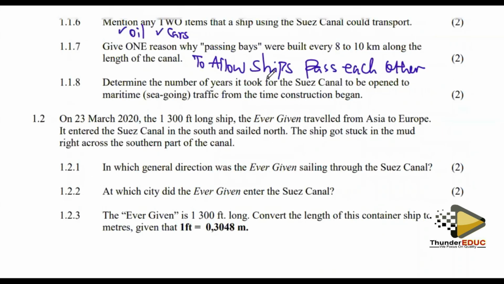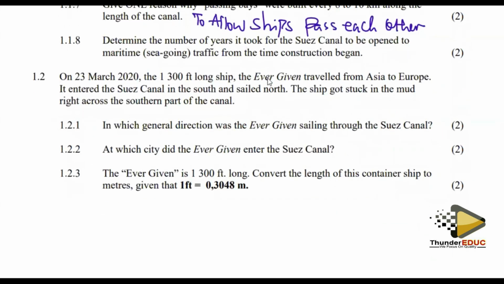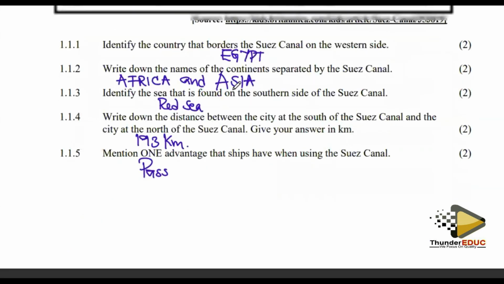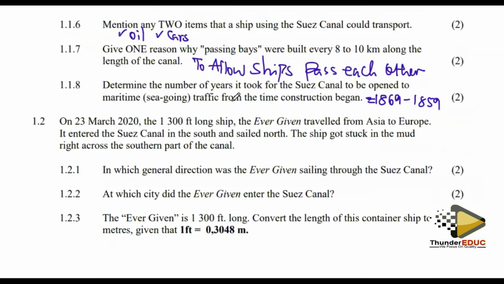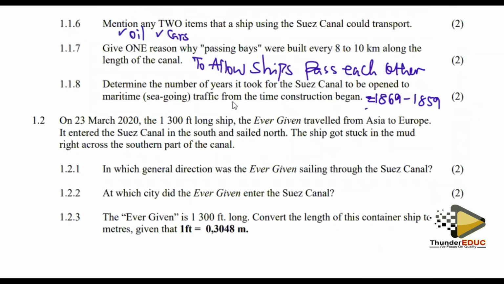So we shall need to subtract, which will be 1869 minus 1859. So they were 10 years. That's the time they were looking at.